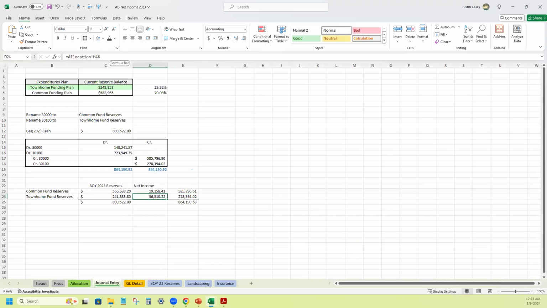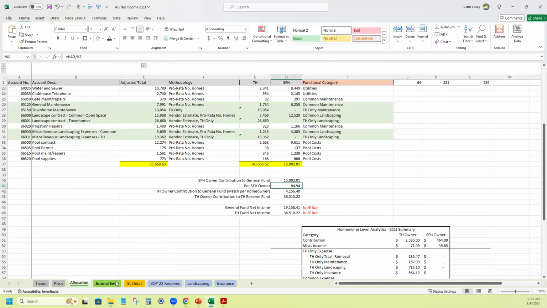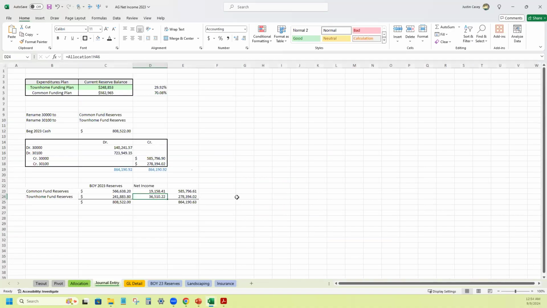Townhome fund reserves get increased by the townhome net income, which is townhome owner dollars minus their contribution to the general fund reserve, and we get a new proportionality. And so this is our entry that we'll basically want to instruct AMG to make.